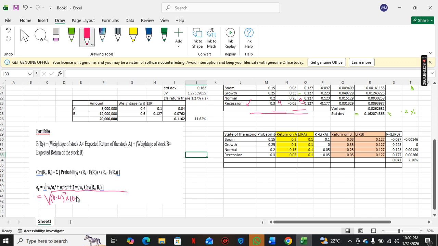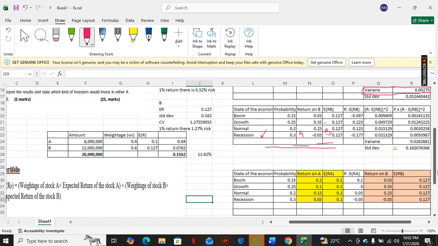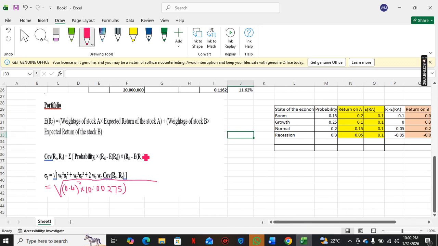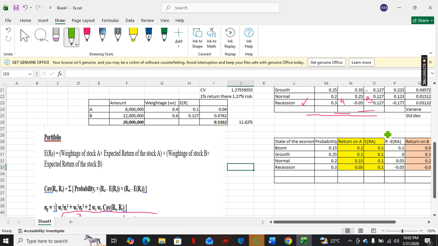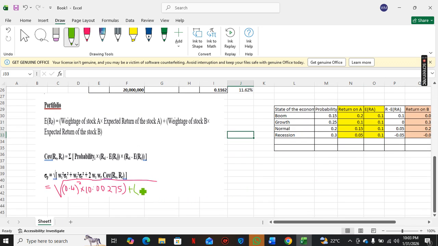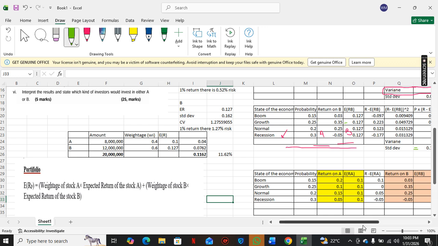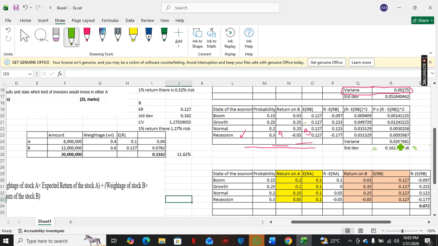Plus weightage of investment B. Remember from here, weightage of investment B is 0.6, squared, multiplied by the variance of investment B. The variance of investment B, as we can see here, is 0.026.